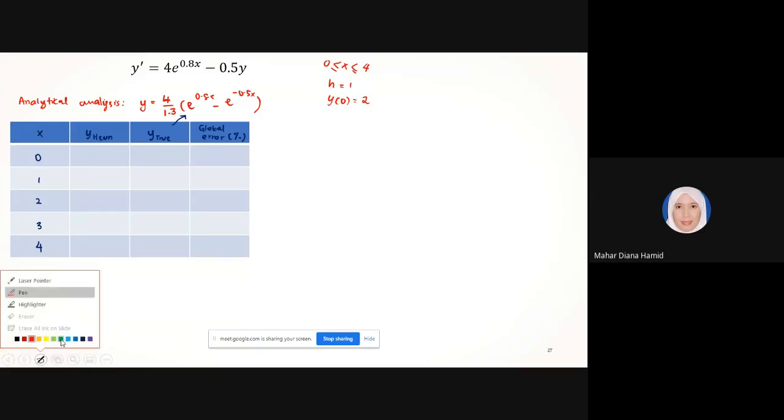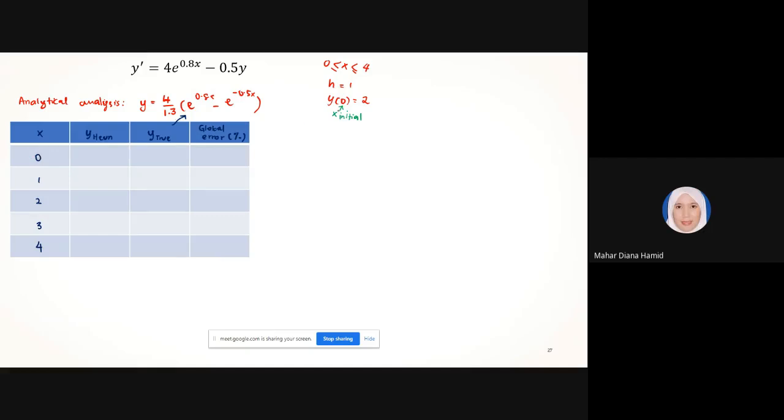Since the question mentions that at x equals 0, y equals 2, we assume that the function starts from 0. So this would be the initial point of x. That's why we start with 0.